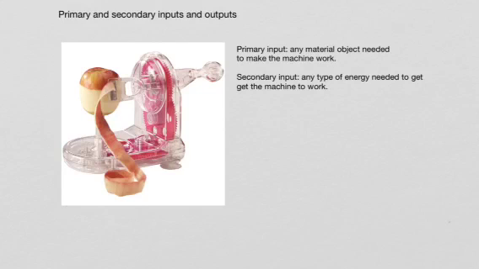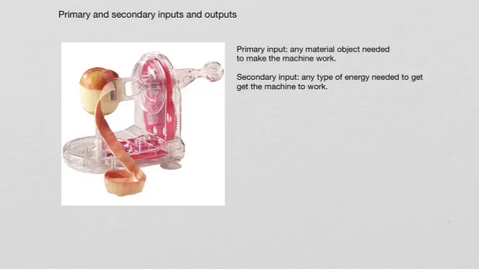Just like the primary input is an object, the secondary input is always going to be the type of force or energy, I should say, that needs to be input into the machine in order for it to work. So if we look at this apple peeler, what has to happen here? What kind of energy has to be input into the machine in order for it to actually start peeling apples?